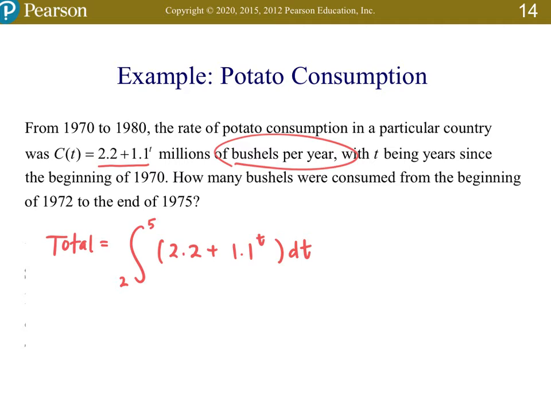Again, this is a positive function, so we don't need the absolute value to guarantee the total, and we'll use a math 9 once again. And so that gives us 10.802. And the units on this are millions of bushels of potatoes.